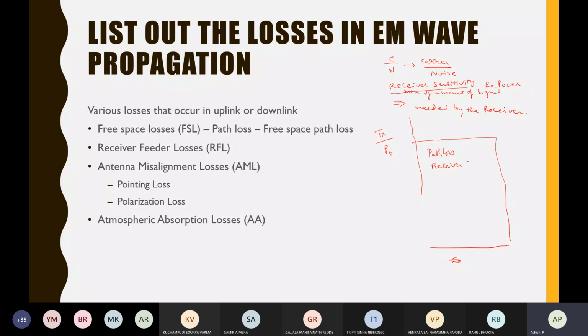Then different types of losses like rain attenuation, cloud attenuation, oxygen absorption or stratospheric absorption. Similarly, the electromagnetic wave may be scattered or diffracted whenever it strikes some obstacle. In satellite communication, we generally don't have that severe a problem with scattering and diffraction.